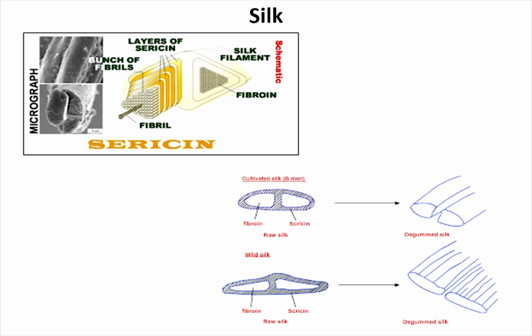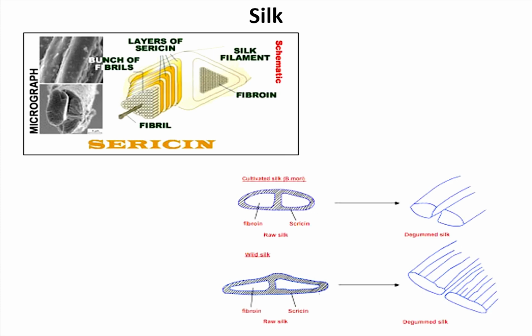That means two silk filaments are attached with a sericin gum, and this sericin gum will reduce the light reflection. So you have to remove this sericin gum before it reaches the end users.